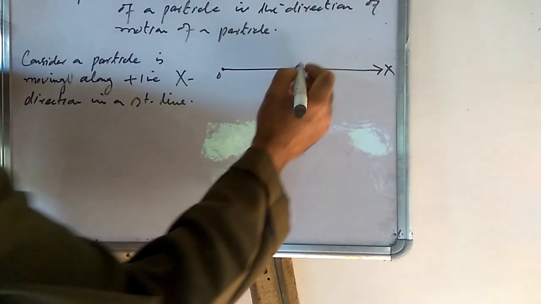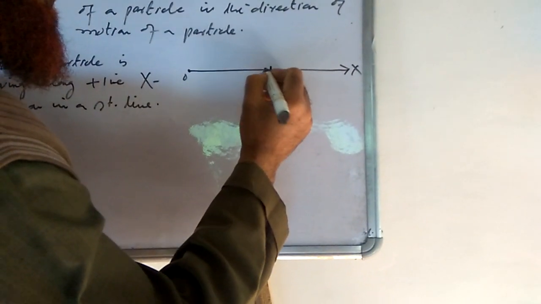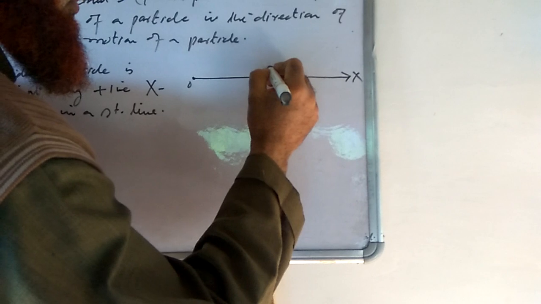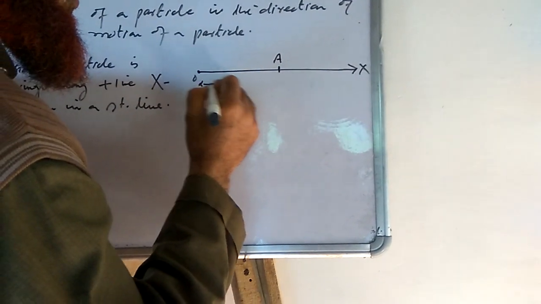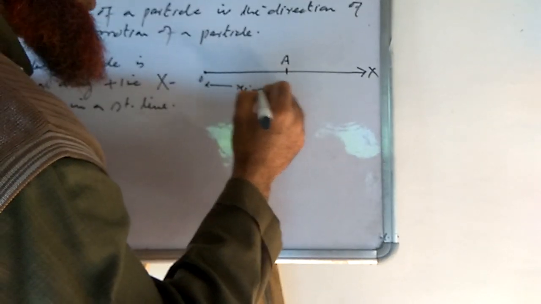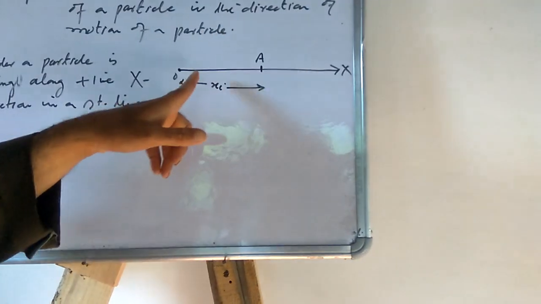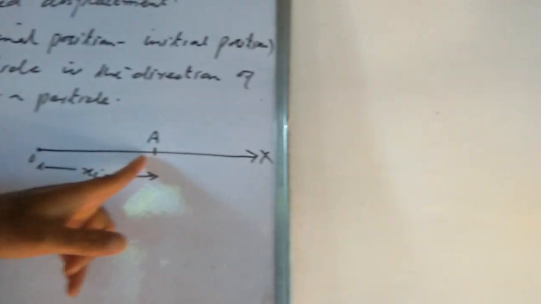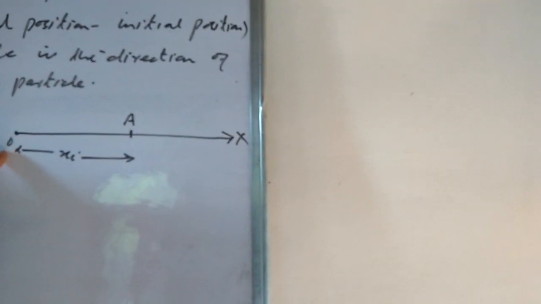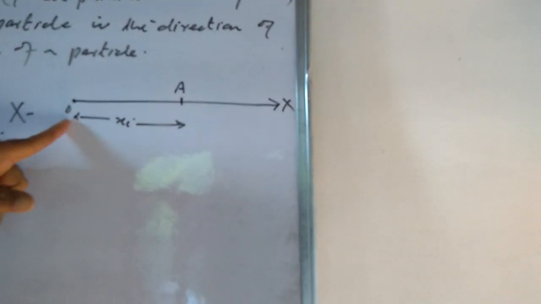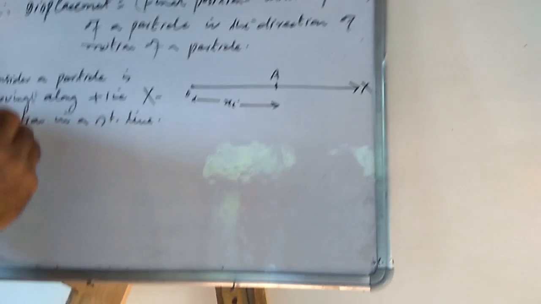Now let us suppose that at t is equal to 0, the position of the particle is at A and its distance is xi from the reference point or the origin point, that is O.